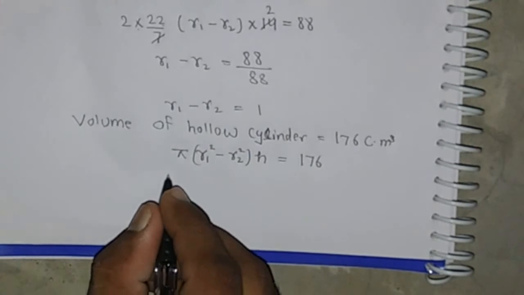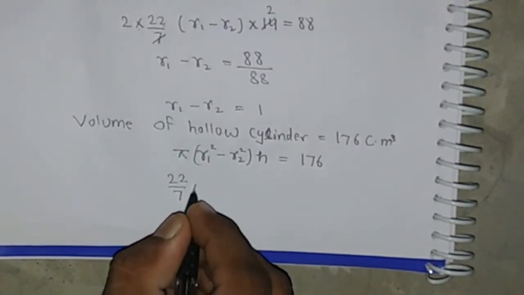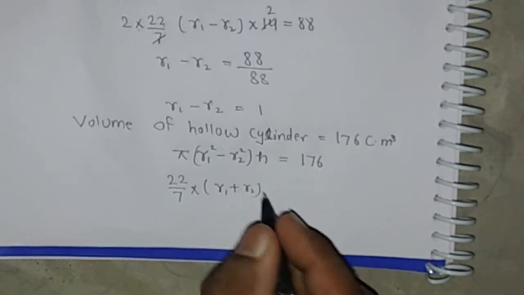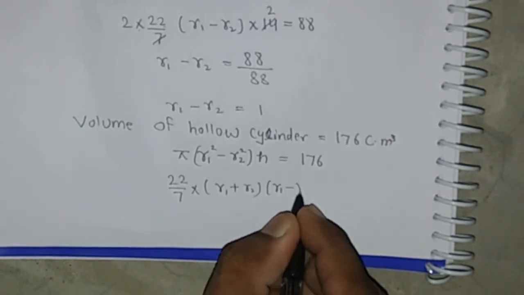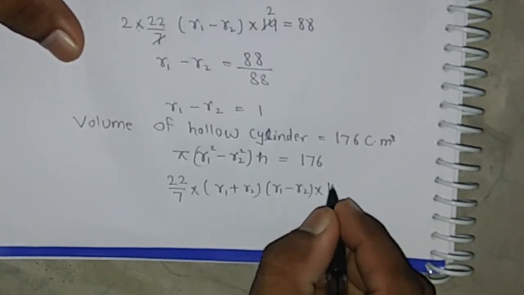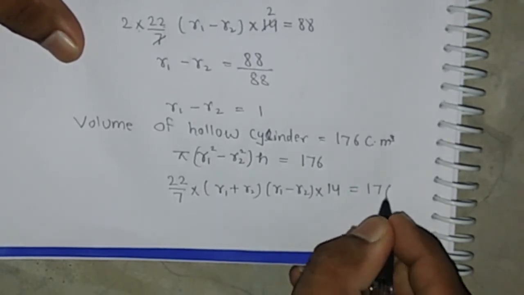Put the value of π and H, we have 22 by 7 into (R1 plus R2)(R1 minus R2), formula of a square minus b square, and H is 14, equal to 176.